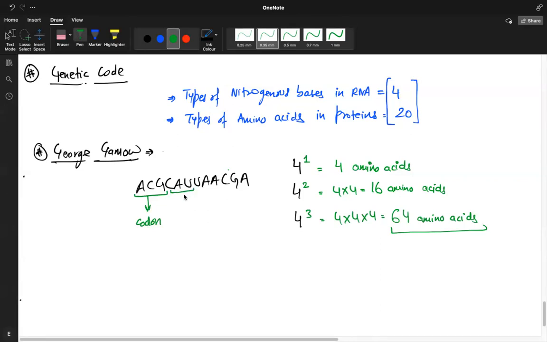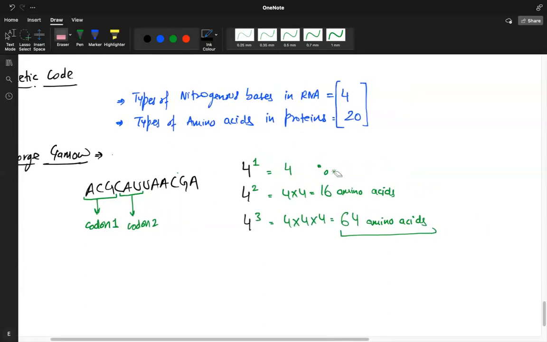Then CAU will be another codon. This is codon 1, this is codon 2. Similarly, there will be 64 codons generated, but there won't be 64 amino acids.